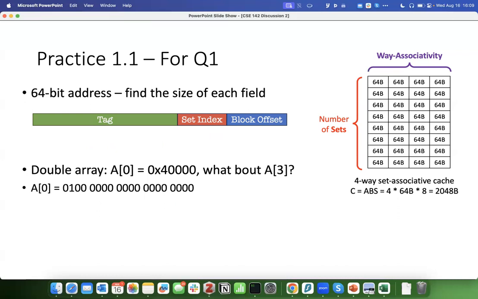Remember, this is a byte addressable memory, right? And the distance between A0 and A1 will be a double number, which is 8 bytes, right? A 64-bit double number is 8 bytes, right? So A1 will have a 1 just over here, and A3 therefore will have a 1 over there and also a 1 on the next position, right?